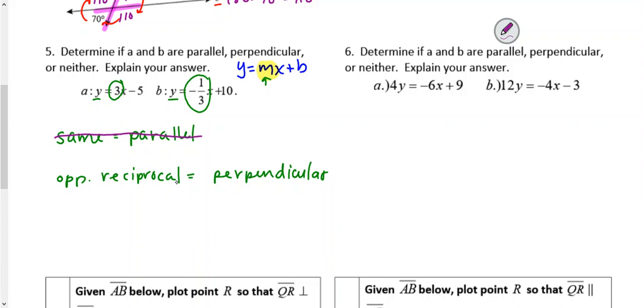Let's see if they are opposite reciprocals. So one is positive, one is negative. We have the opposite. Reciprocals would be if I were to flip the numbers. So right now this is 3/1. If I flip them, I'd get 1/3. So I also have the reciprocal. So these two lines are perpendicular.